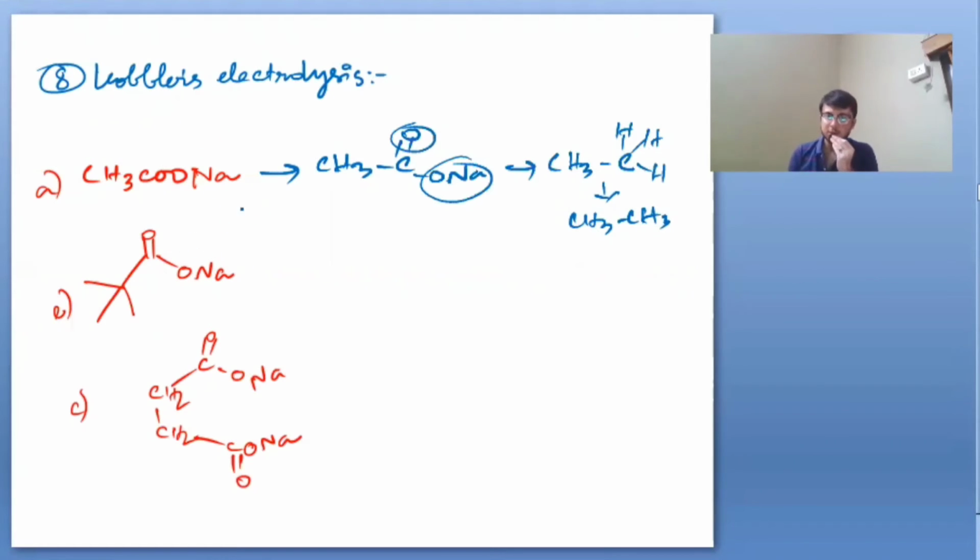But there's a trick here. If we do Kolbe's electrolysis of this molecule, what happens in electrolysis? The bond gets broken, obviously, but the bond doesn't take hydrogens; it forms a double bond here.